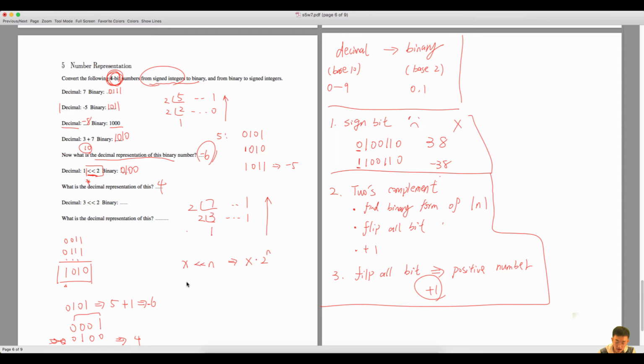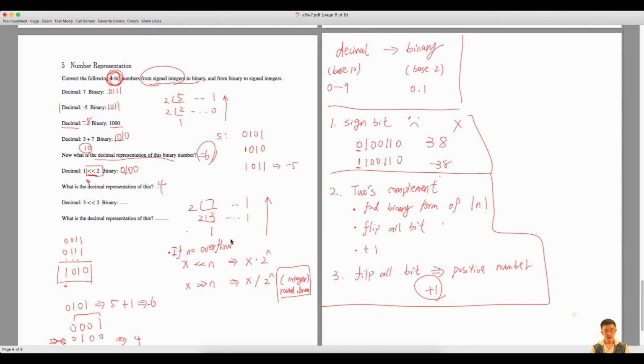And if you do x right shift by n, that is the same as x divided by 2 to the n. And remember, this will be an integer, so it will be rounded down, as you see in Java divisions. This is in the case that there is no overflow.